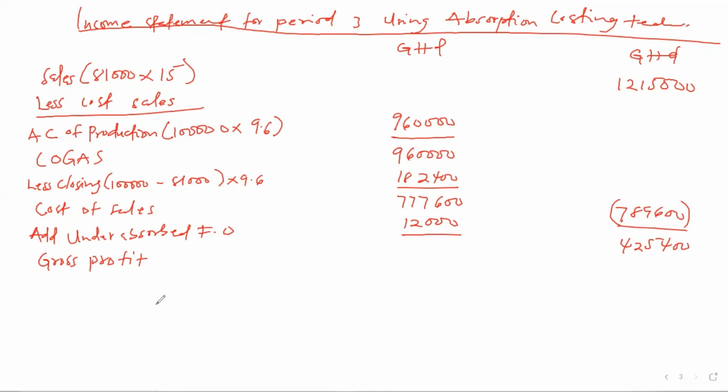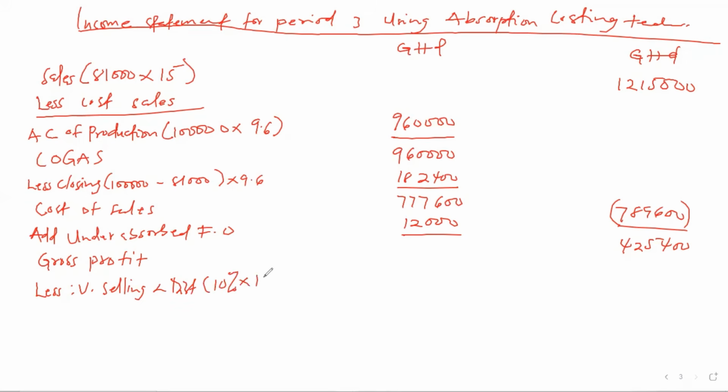After getting our gross profit, we come and less our variable selling and distribution, which is 10% of sales.